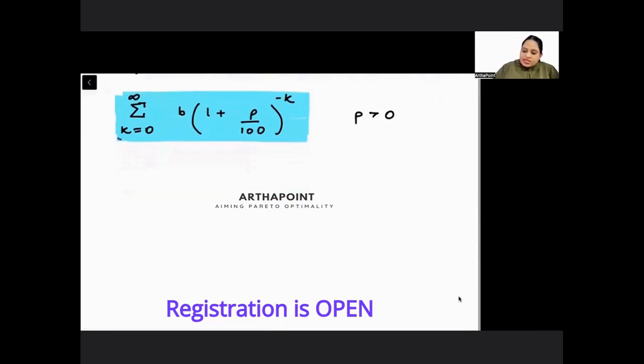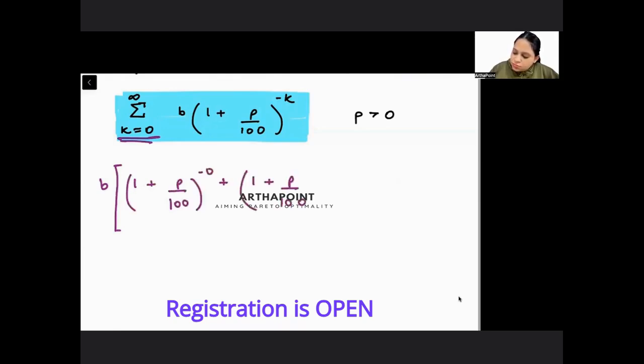So put k as 0. I'm taking b out. Put k as 1. Put k as 2. ठीक है?